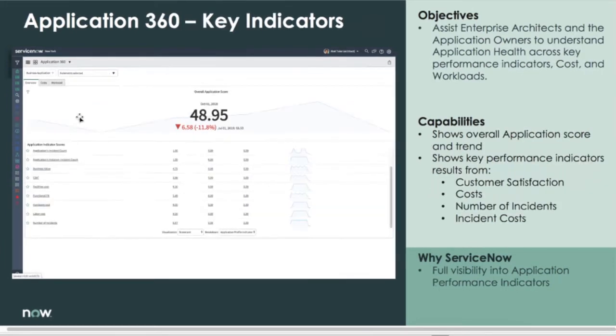We also talked about the different indicators here, whether it be costs, or whether it be customer sat, or whether it be the volume, or whether it be usage, as well as you can create your own indicators and start tracking those indicators over time, and then start assessing your different applications across those indicators. So a lot of power and automation here within the platform.